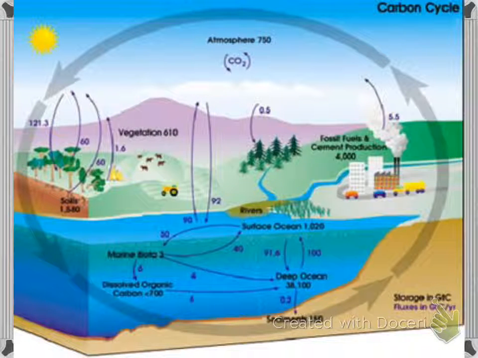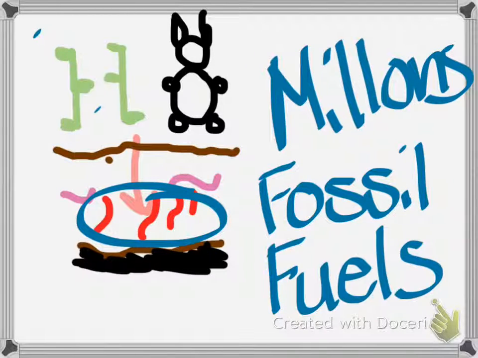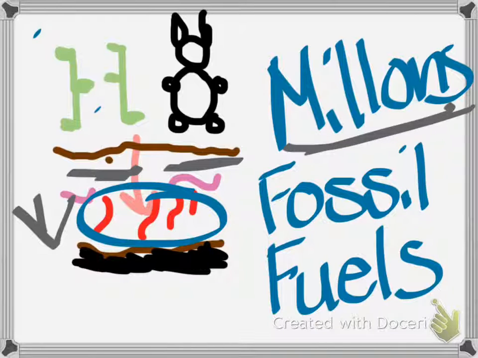Now, the next thing that we're going to explore is what role decomposers play in this process down over here. We all know that producers and consumers die and decomposers decompose them. During this process, once the sediment is decomposed, it's compressed by heat and pressure for millions of years.